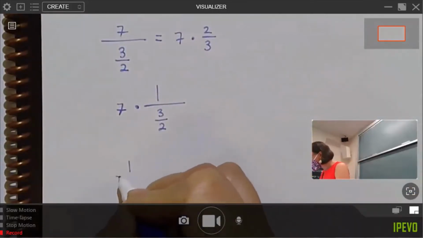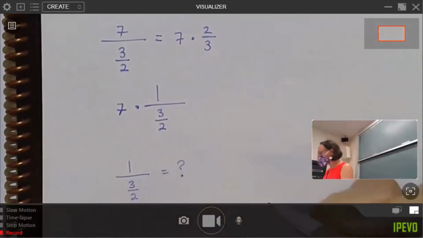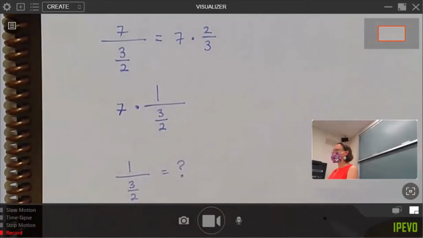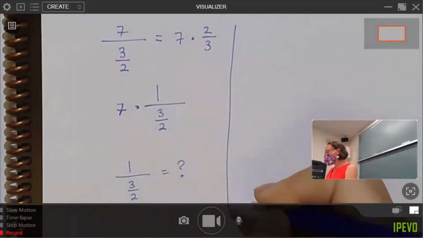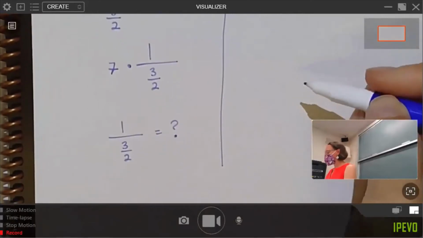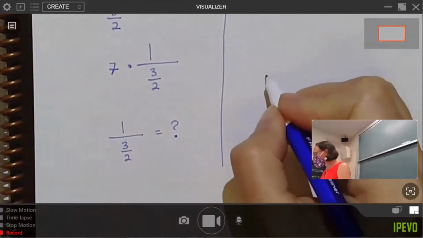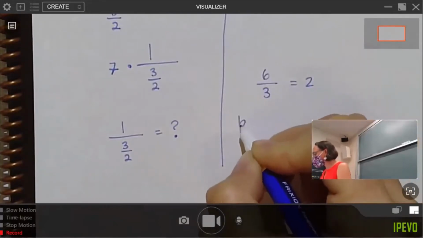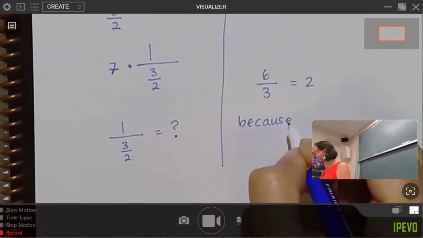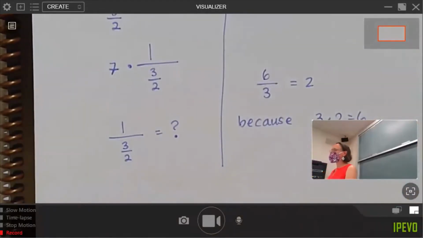So if this said 1 divided by 3/2, and I wasn't sure what that was, if I go back to what would happen with numbers, like 6 divided by 3 is equal to 2 because 3 times 2 is equal to 6.